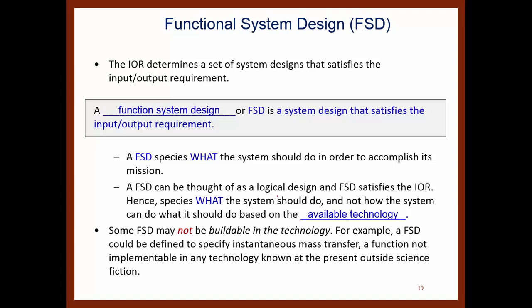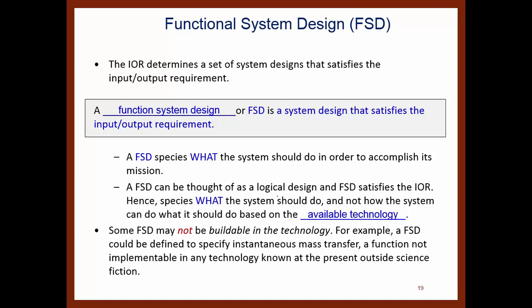Some functional system designs might not be buildable in technology. So again, what we're trying to envision is how can we get the input into the output, but we are not thinking about the technology right away. For example, a functional system design could be defined to specify instantaneous mass transfer, even though we don't have that technology.